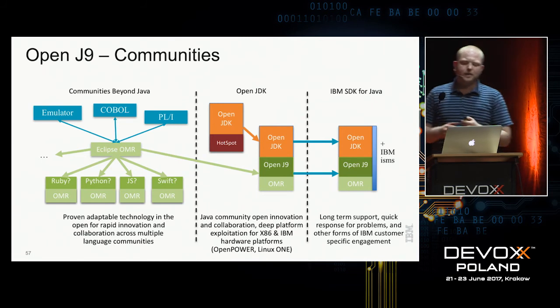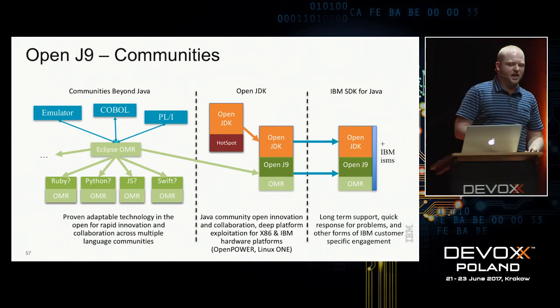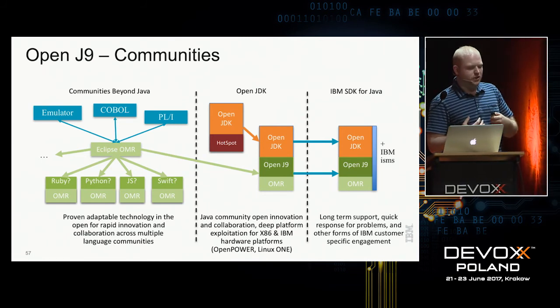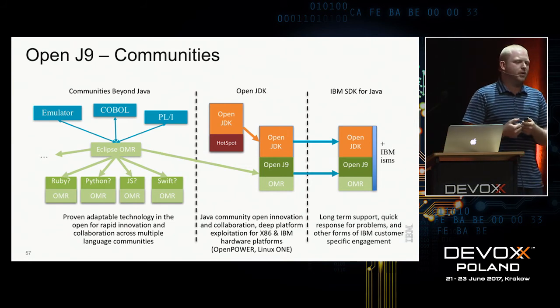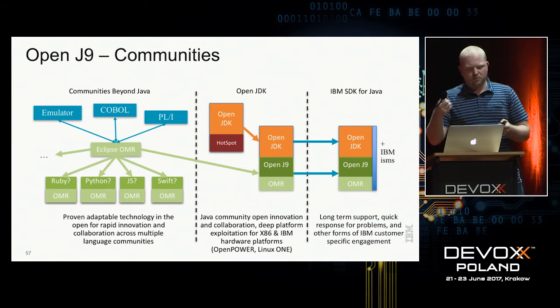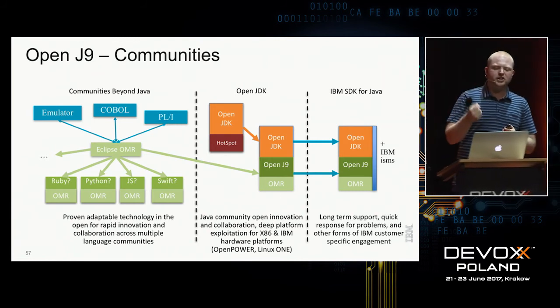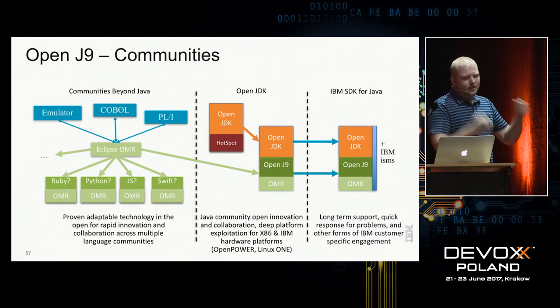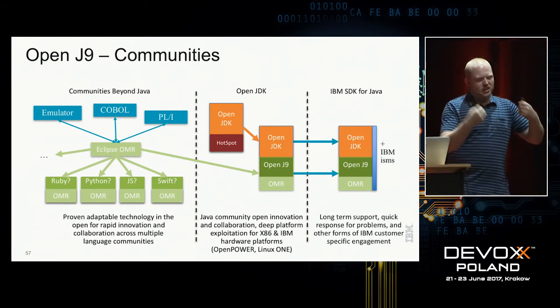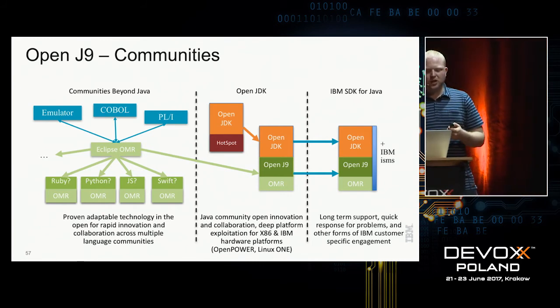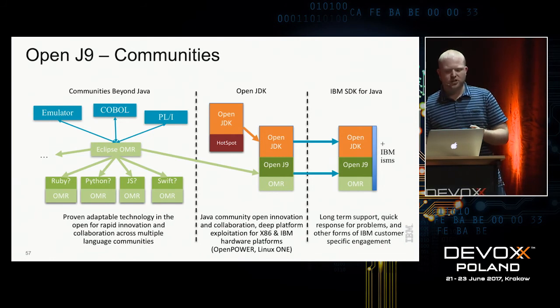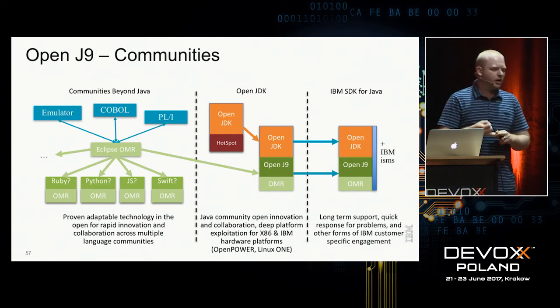And like any company, we'll continue to have the IBM Java SDK, which we will build directly from OpenJ9, plus some small IBMisms added on. But our intention, and this is important, is to develop in the open, so that changes go into the upstream projects first. The upstream projects being OpenJ9, OMR, OpenJDK.